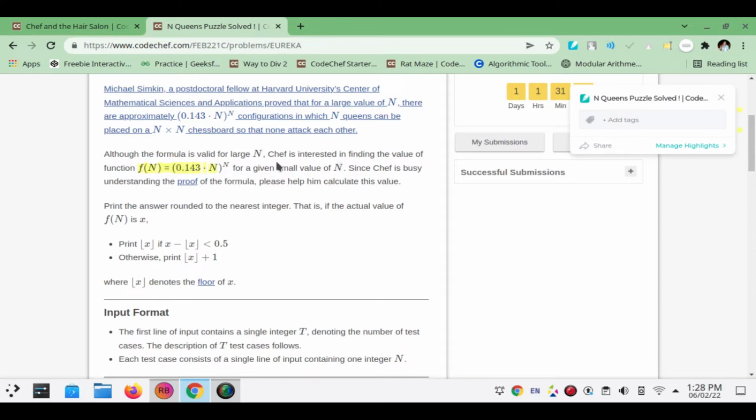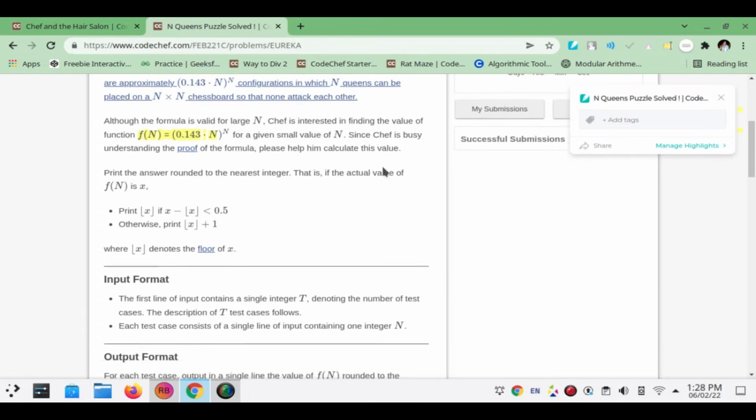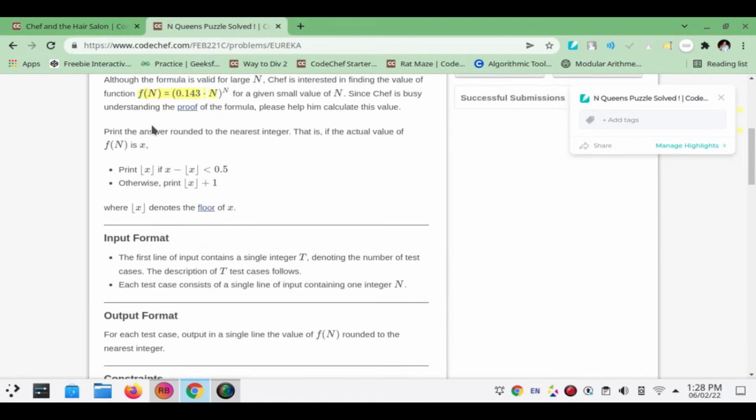For a given small value of n, we have to round our answer to the nearest integer. Like greatest integer function, not greatest integer, nearest integer.